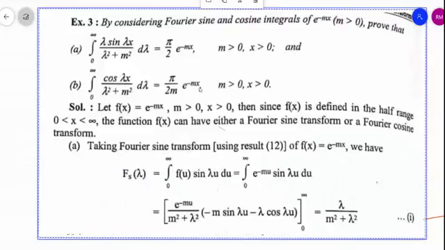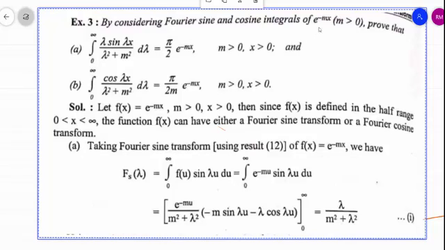So friends, we start by taking one problem. The problem is: by considering Fourier sine and cosine integrals of the function e raised to minus mx, m is positive, prove this equality and this second equality for m and x positive.